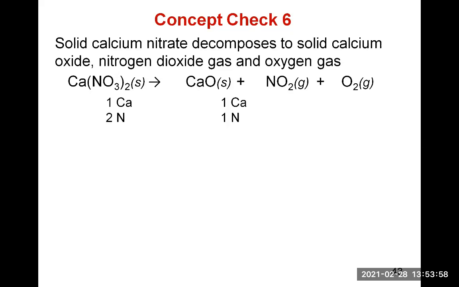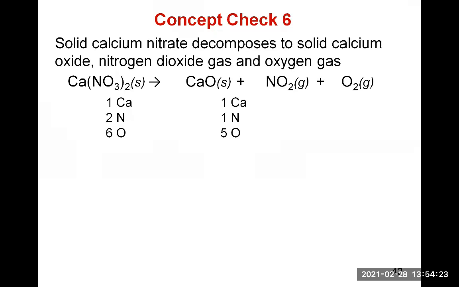Oxygen, we have 2 times 3 because we have 2 nitrate and each nitrate has 3 oxygen. So 3 times 2, it's going to be 6 oxygen on the left. And on the right, we have 1 from the CaO plus 2 from the NO2, that's 3, plus 2 more from O2, that's 5. So we have 5 oxygen on the right.